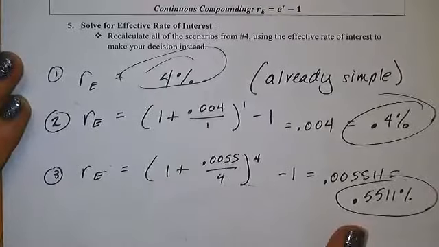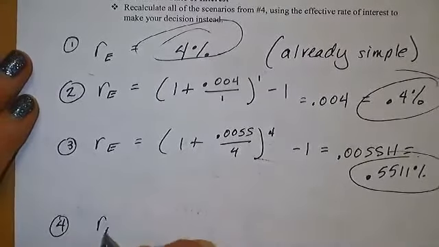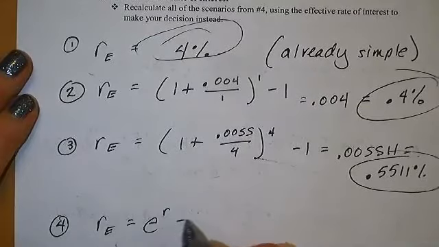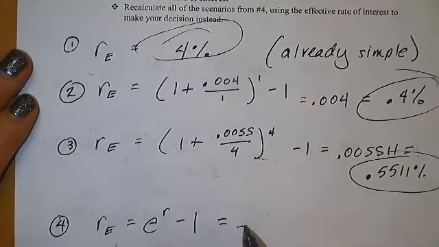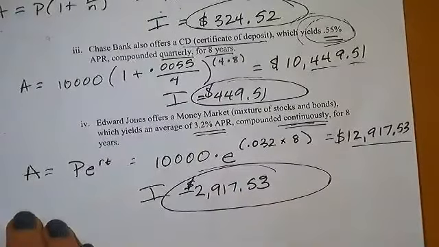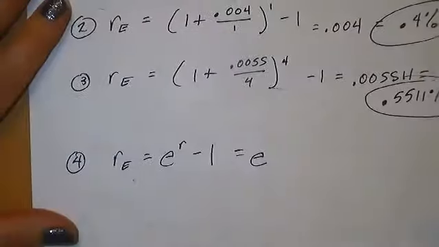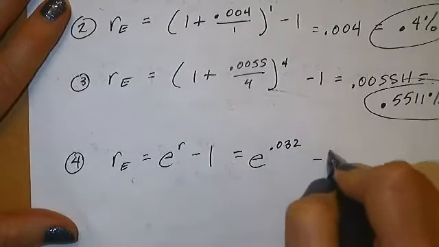And lastly, let's move on to the last example, which was continuous compounding. The effective rate for continuous compounding does have a different formula, which was written up above. The interest rate from the previous page was 3.2%. So let's go ahead and write in e to the 3.2% minus 1.